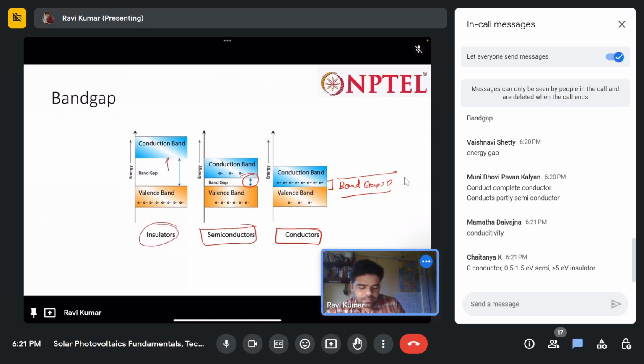So just tell me why there is no conductivity or conductance in case of an insulator due to this band gap. I am asking the definition of band gap, or what is the role of this band gap.